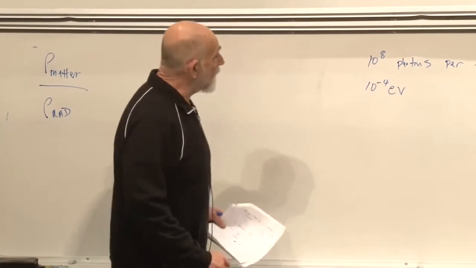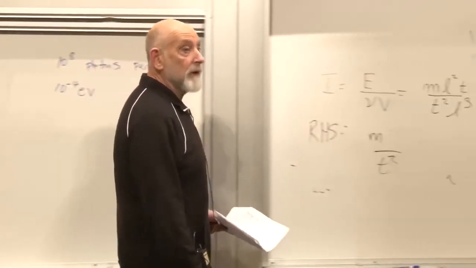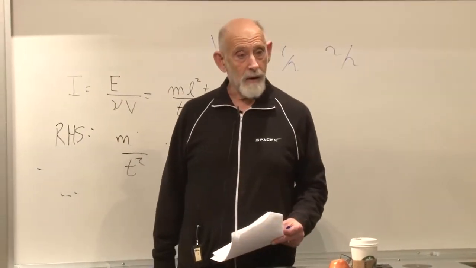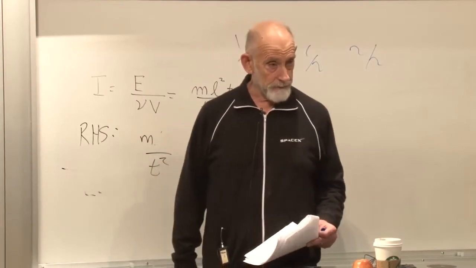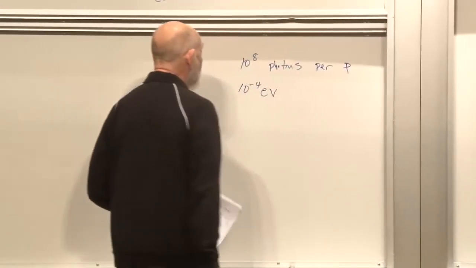Right? And what about the energy of a proton? The energy of a proton is 1 GeV, 1 billion electron volts.